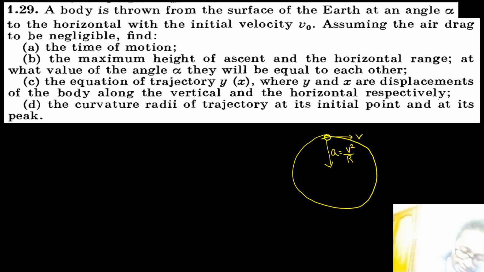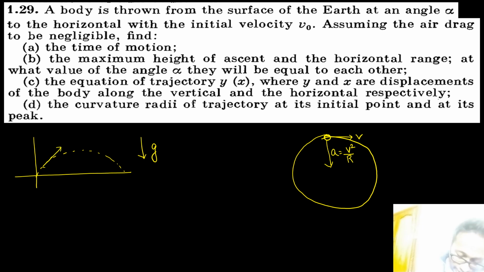Okay. Similarly, the projectile follows a parabolic path. This is not a circular path, this is a parabolic path. But even in a parabolic path, there is a constant acceleration in downward direction. So suppose I want to take the radius of curvature at this point.